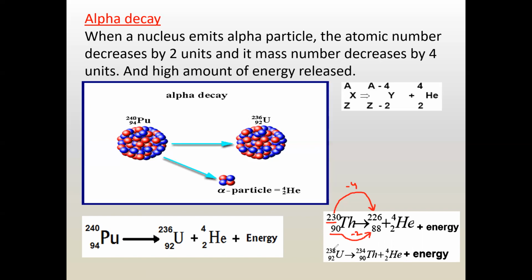In the same way, for another element, 238 and 92, when it emits alpha particles, the mass will decrease by 4 and the atomic number decreases by 2. So remember this alpha decay. Alpha particles are actually two protons and two neutrons coming out from the nucleus.